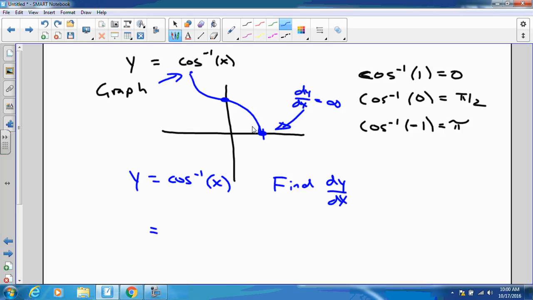The derivative of x would be 1. Like dy/dx equals the derivative of inverse cosine of x.